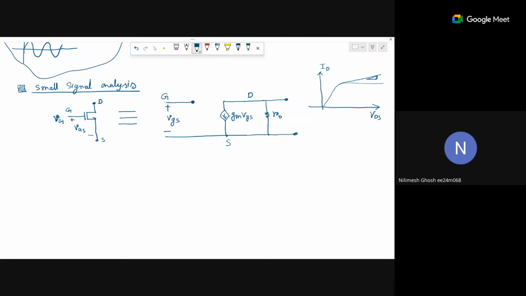Now this slope is very low. That means the resistance is very high or very low? If the slope is very low, that means for a much bigger change in voltage, the current is changing very little. That means the resistance is very high.